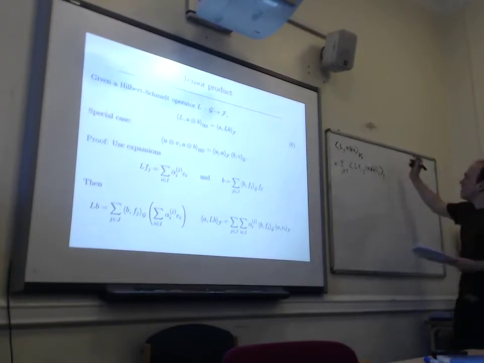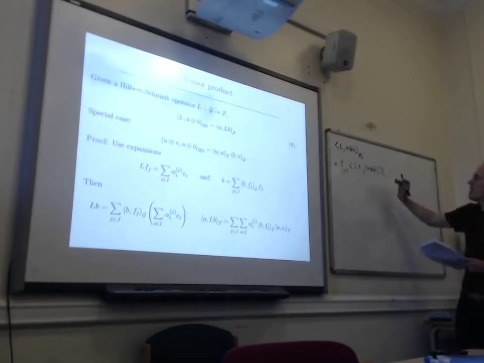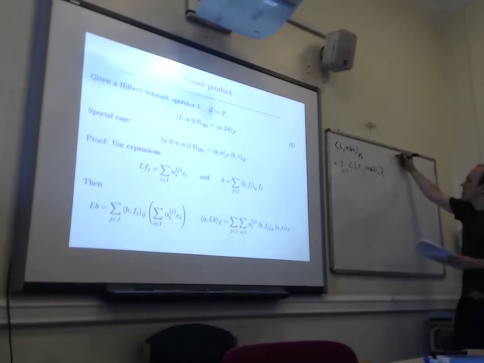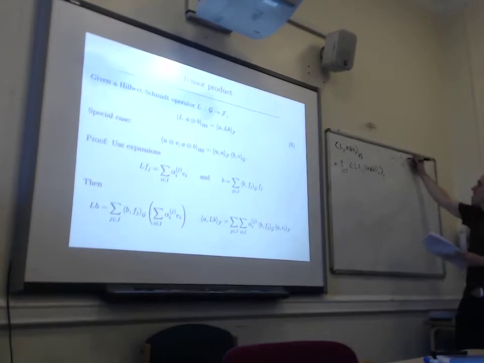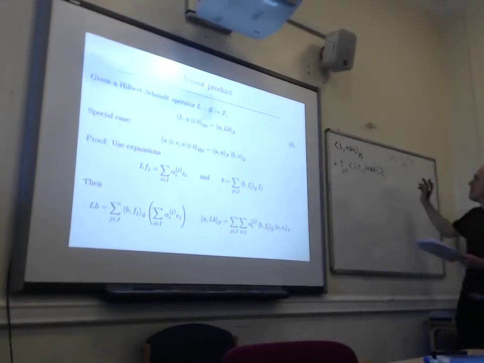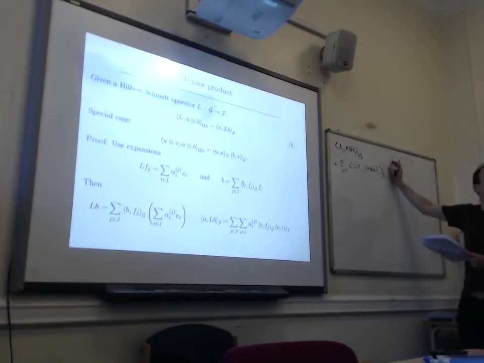Now let's say that the action of L on F_j gives me a function in my F space. I'm going to say that the action of L on F_j can be expressed as the sum over i in I of alpha_ji e_i. What does this mean? It means that if I take my operator L and make it act on a basis function in the G space, this gives me a function in the F space.